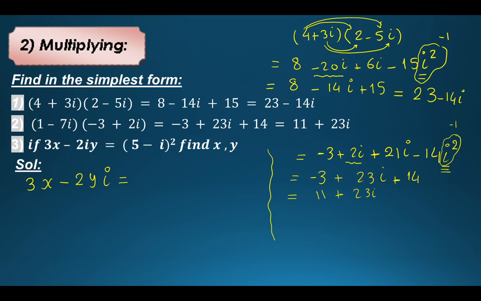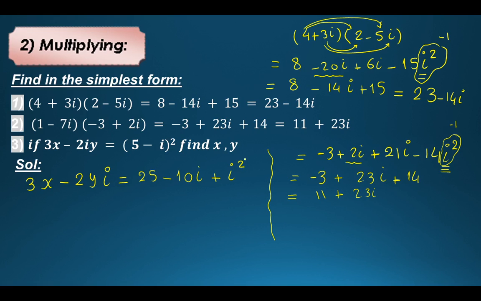We are going to expand the bracket. This is a perfect square. So we expand it: 5 times 5 equals 25. First times second times 2: 5 times negative i equals negative 5i, multiplied by 2, this equals negative 10i. Then negative i to the power of 2 is equal to positive i power of 2.